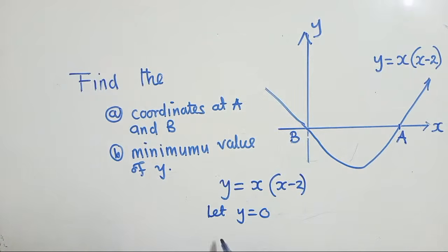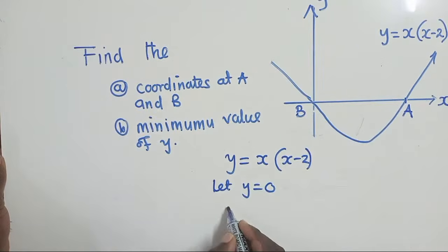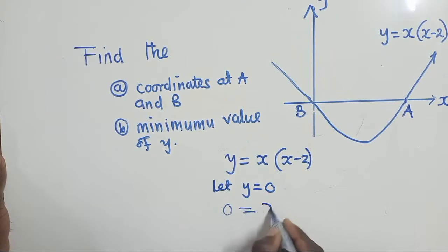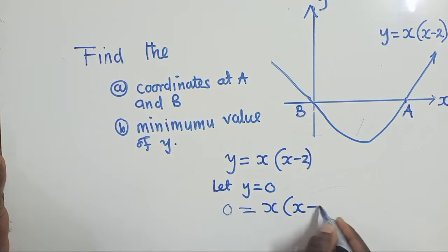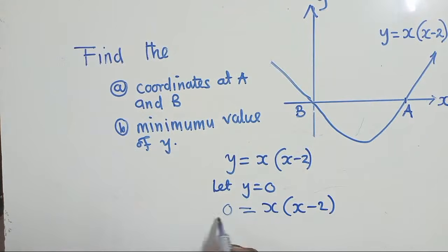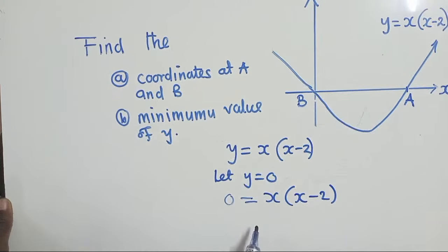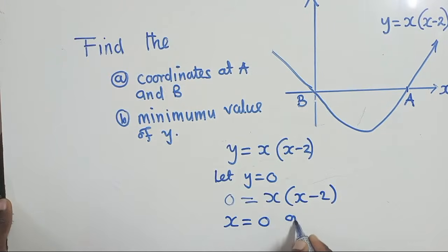So when y is equal to 0, it will be 0 is equal to x(x minus 2) inside the brackets. So you see, this is a quadratic equation. So now, since we've got a 0, we shall just say x is equal to 0 or x minus 2 is also equal to 0.